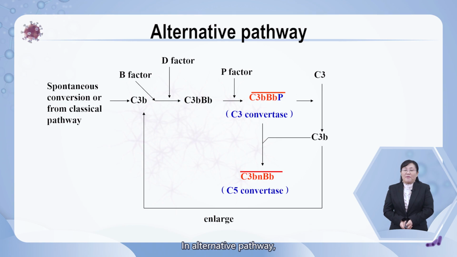In the alternative pathway, C3 convertase is C3bBb, and C5 convertase is C3bnBb. In this pathway, complement can recognize self from non-self. In addition, the alternative pathway is an important amplification mechanism of complement activation.